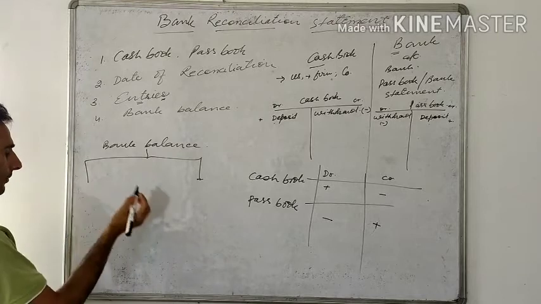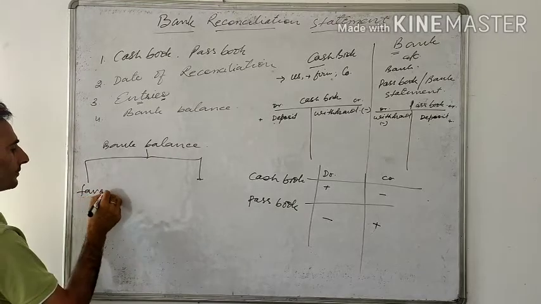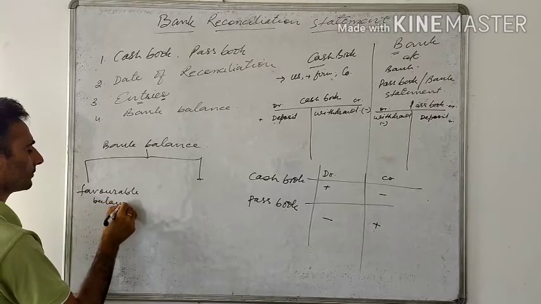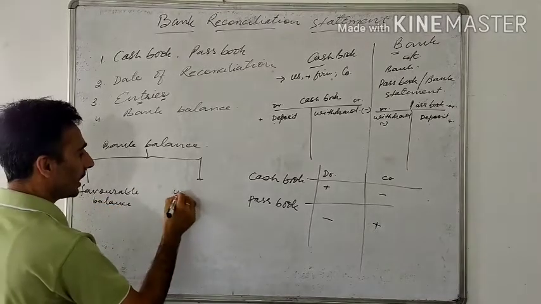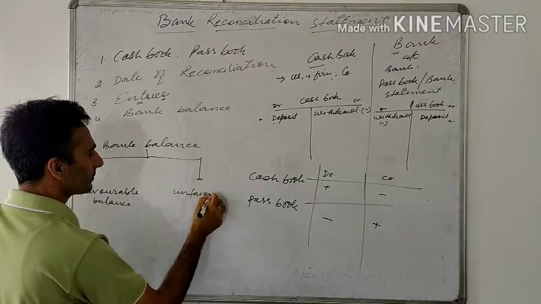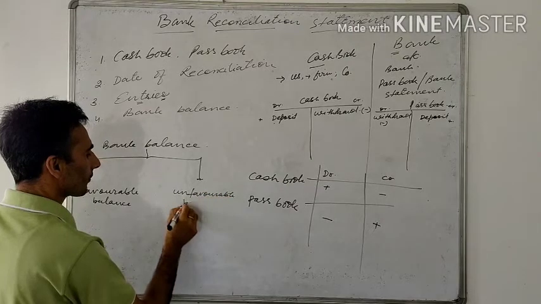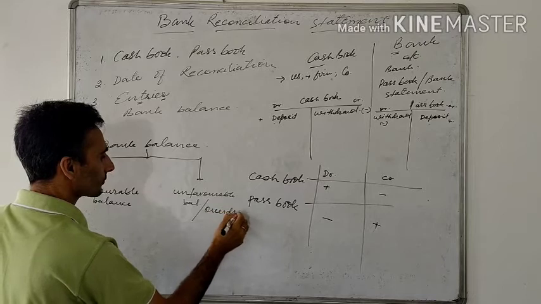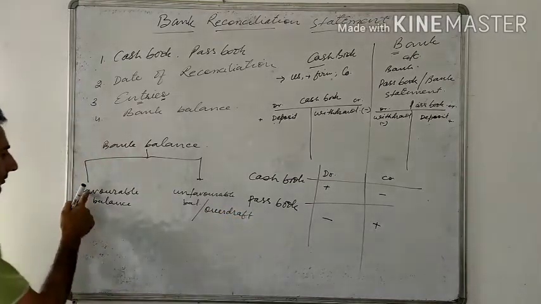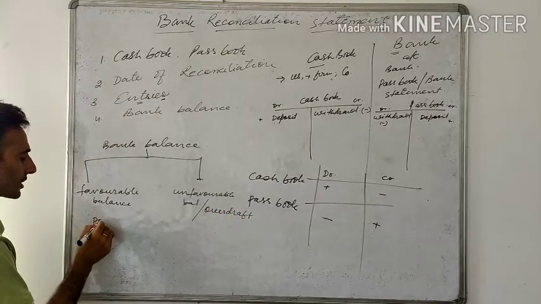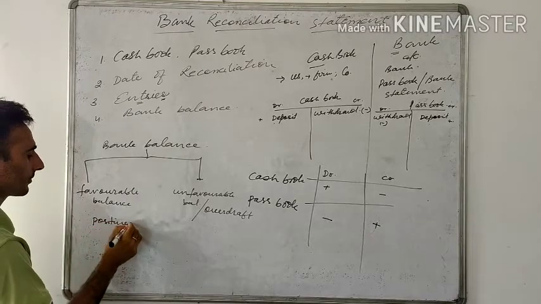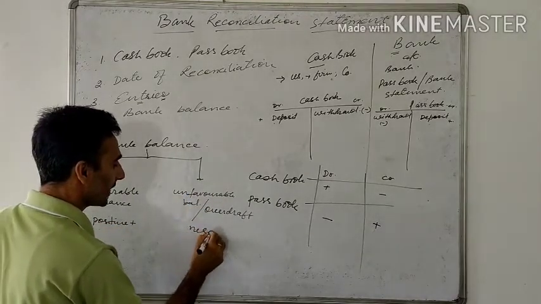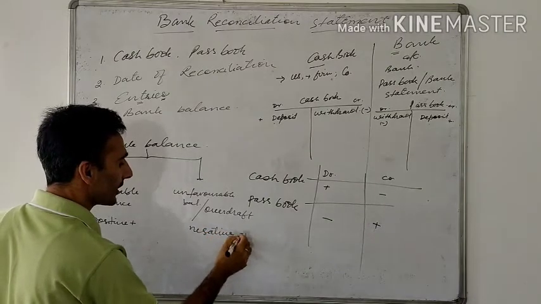It can be a favorable balance or an unfavorable balance, which is also called overdraft. Favorable balance means a positive balance, plus balance. Unfavorable balance means negative, that means a minus balance.